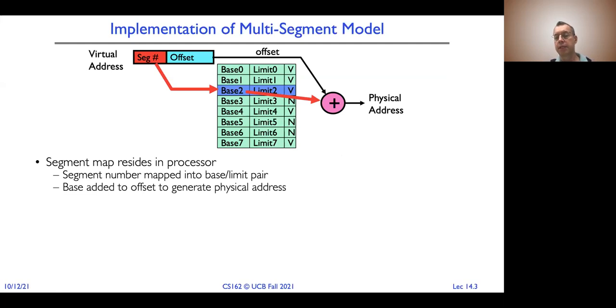Okay, this is how you get the physical address. And of course, you are also going to check whether the address generated is less than the limit, so it's within the segment.